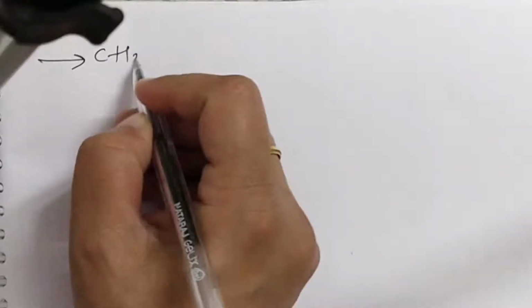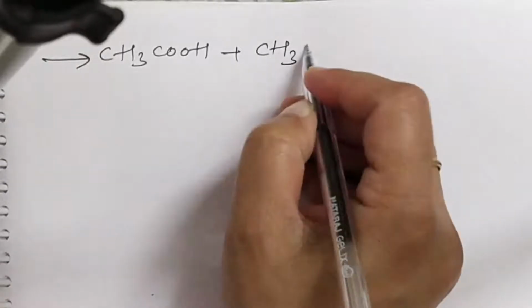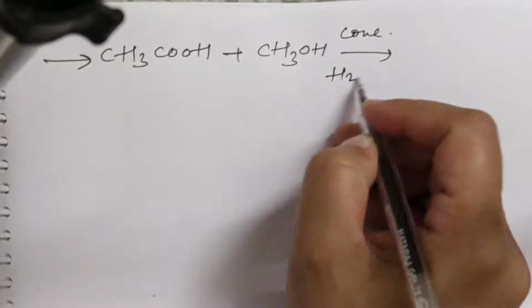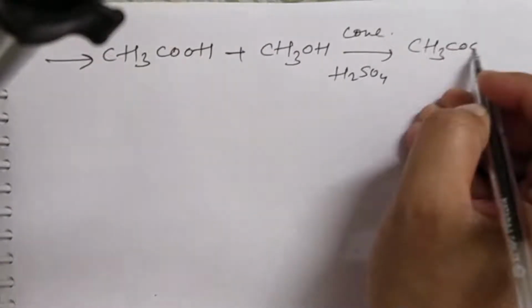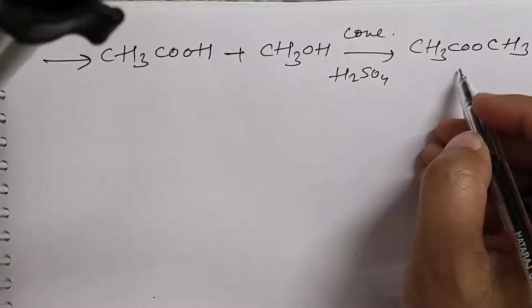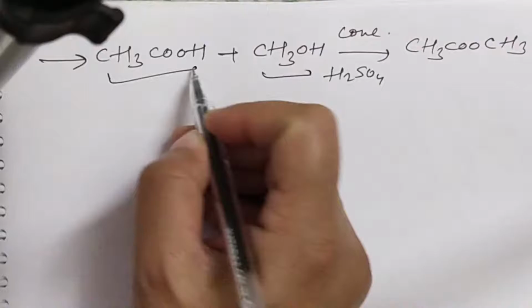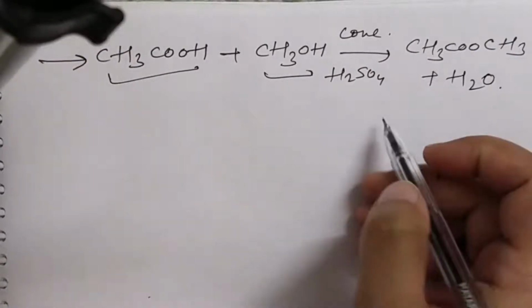The esterification reaction can be easily carried out when you are reacting acid with alcohol in the presence of conc. H2SO4, which will lead to the formation of ester, which is here methyl ethanoate, because we are reacting methanol with acetic acid with the formation of water molecule in the presence of acidic conditions.